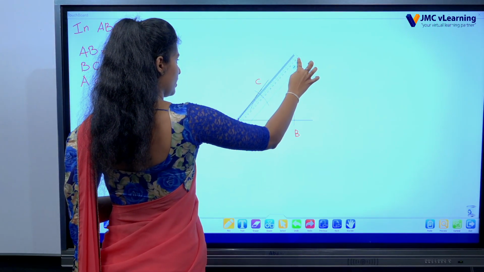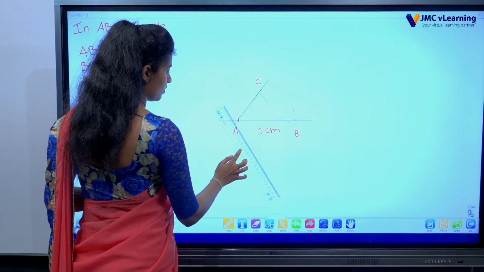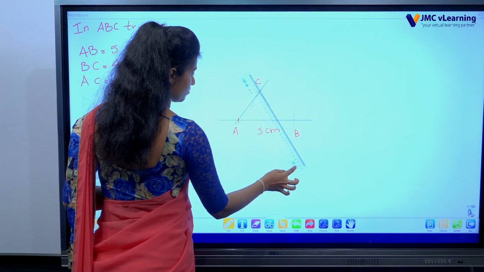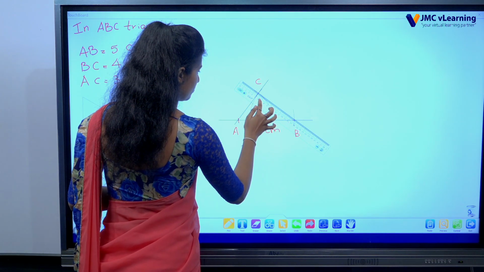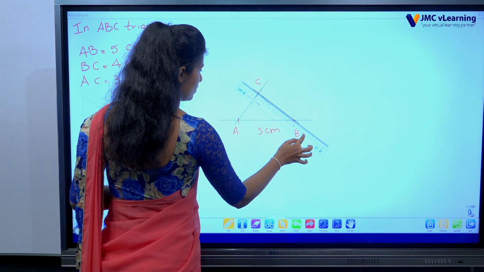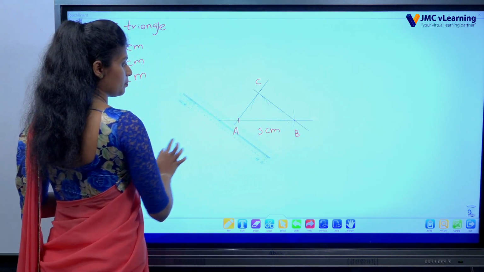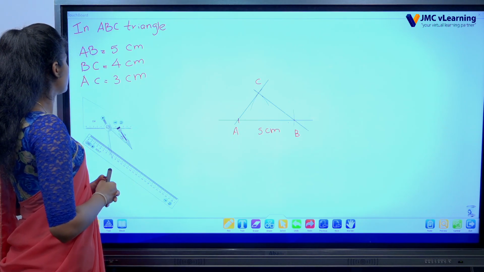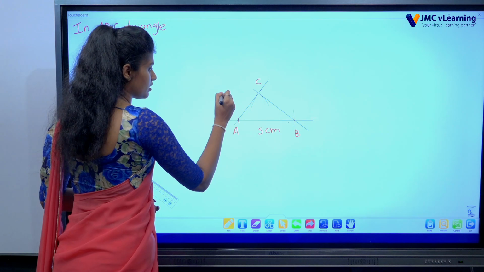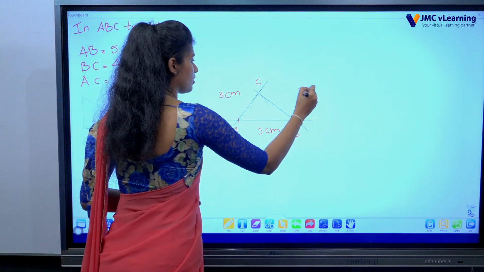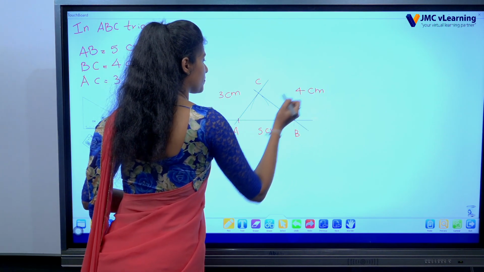This is AC line. This is BC line. What is the length of AC? It is 3 cm and BC is 4 cm.